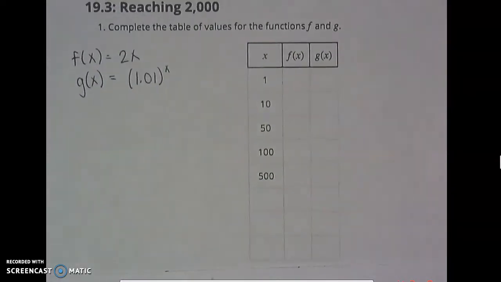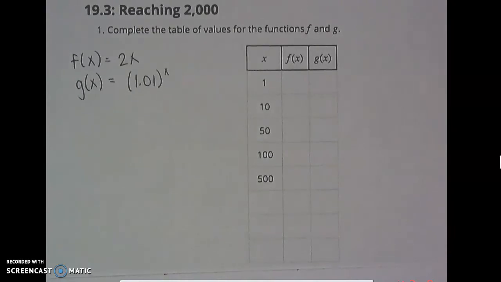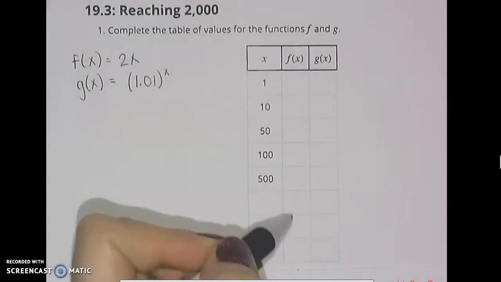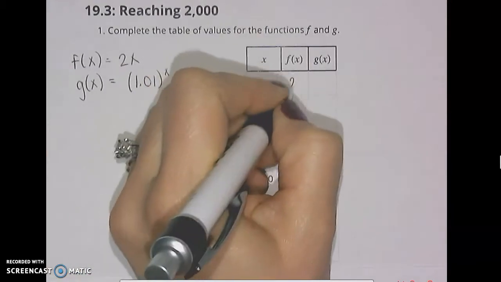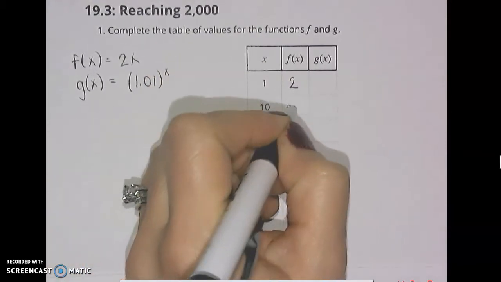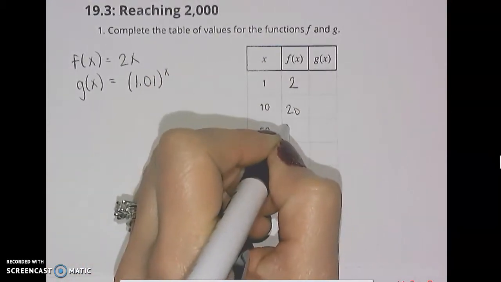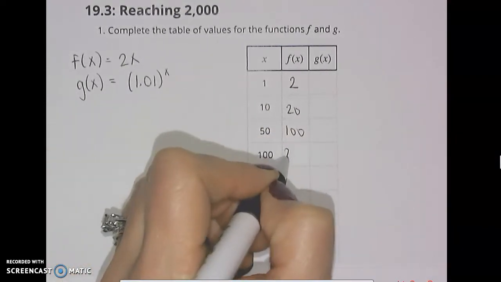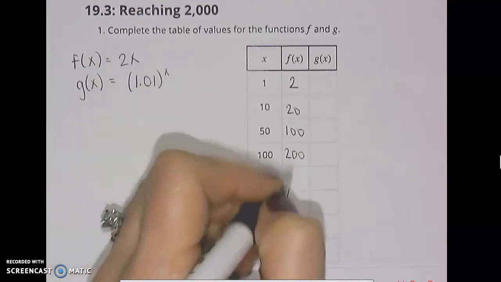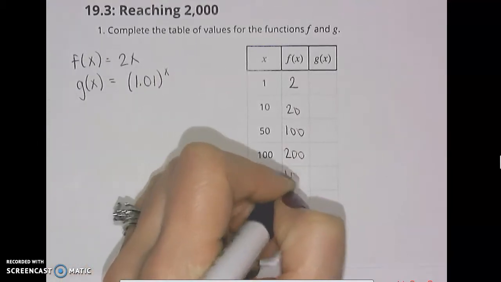So our next thing we're going to talk about is reaching 2000. And here are two functions. We're going to let f of x equal 2 times x and g of x equal 1.01 to the x power. Okay, so we're going to complete these tables. So if we take 2 times our x value, that means that we would have 2 there, 20, 100, because 2 times 100 is 200, and then 2 times 500 is 1,000.